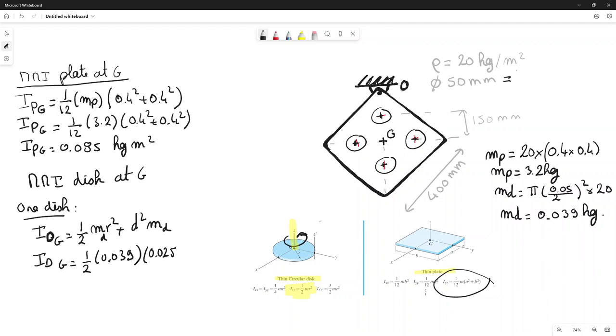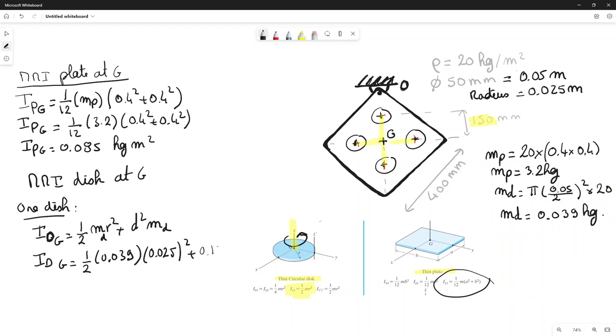The diameter is 50 millimeters, so it's 0.05 meter. So the radius is 0.025 meter. Okay, squared, plus the distance. The distance is provided on the figure, that is 150 millimeters. The vertical or horizontal distances are always the same.